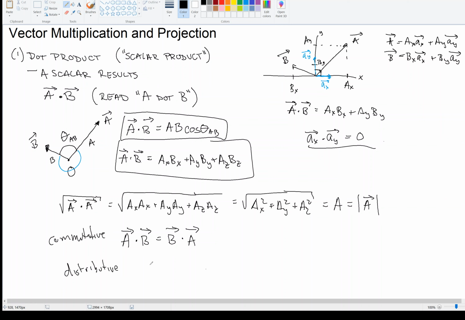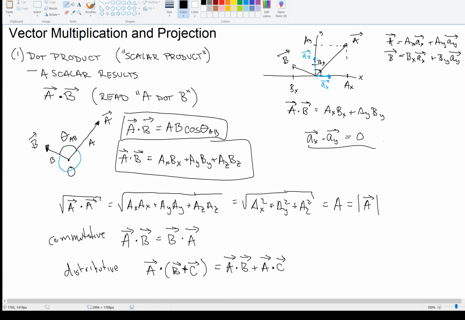What does that mean again? If I add vectors B and C together and then dot it with A, that's the same as if I were to dot A with B and then add A dot C.